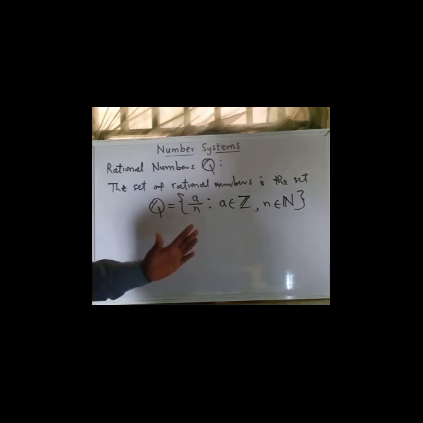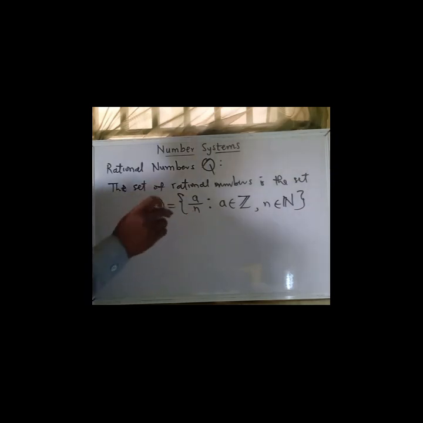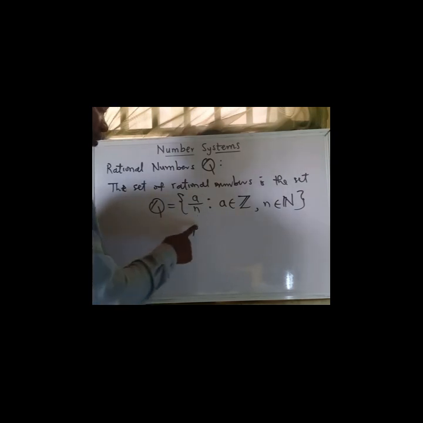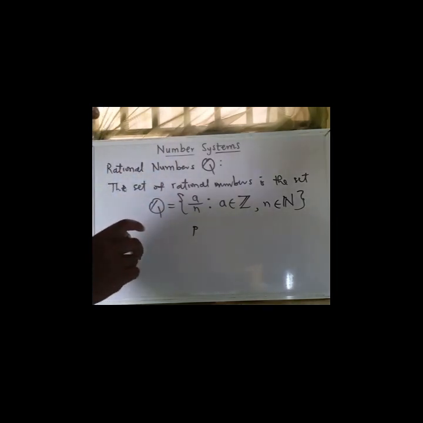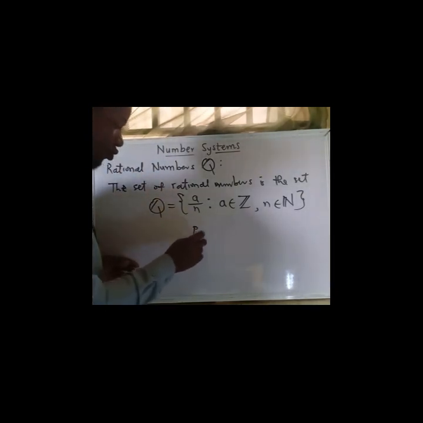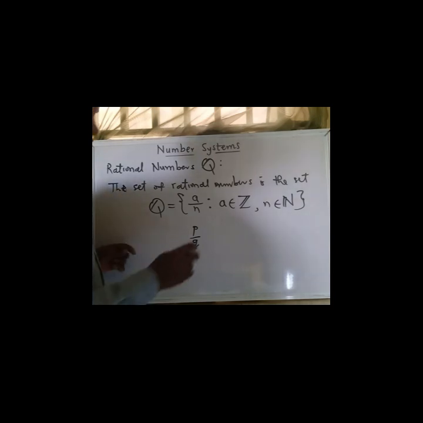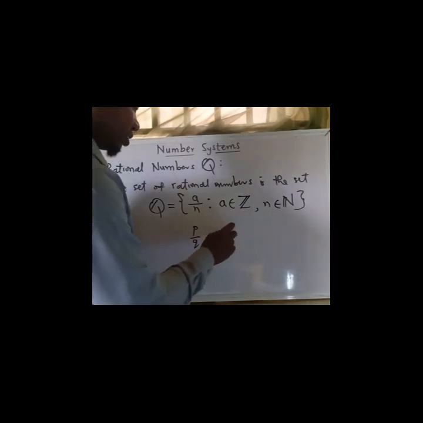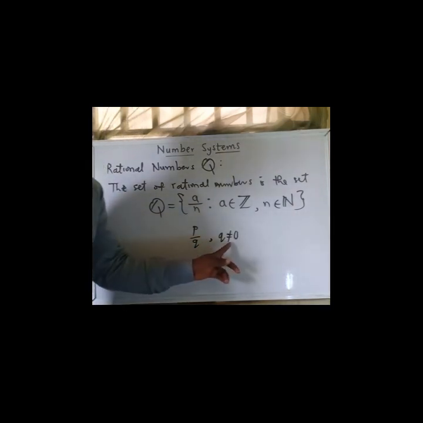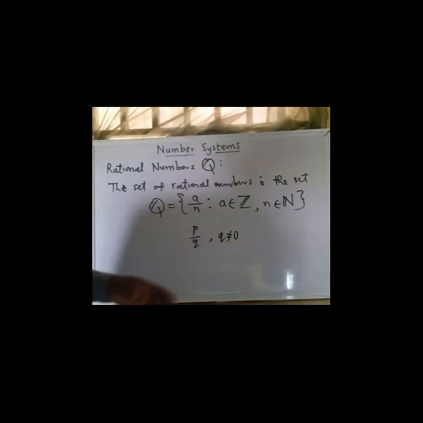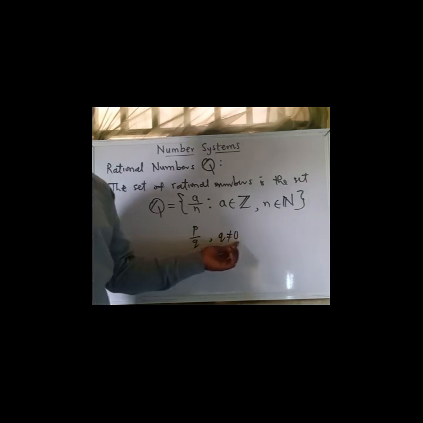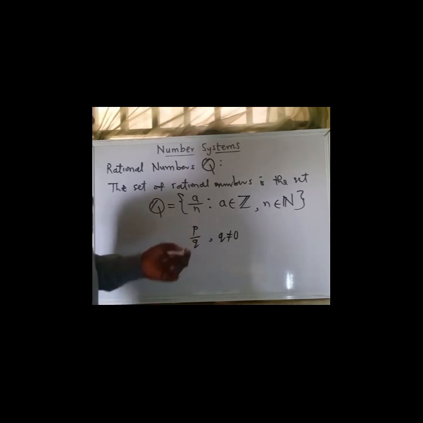What the early mathematicians did is that they defined this set as the quotient of two integer numbers, by choosing the denominator not to be 0.